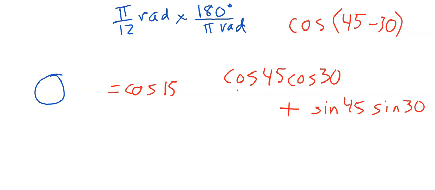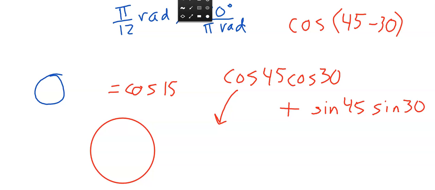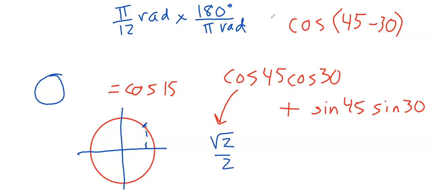Okay, so what's the cosine of 45? I'm hoping this hasn't disappeared from your brain, seriously. Radical 2 over 2, thank you very much. All right, hopefully you're able to go back, think about your 45, what the x value is, radical 2 over 2, and how about the cosine of 30?